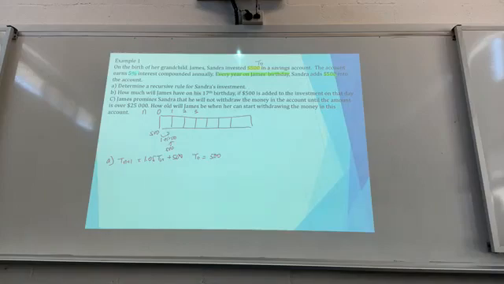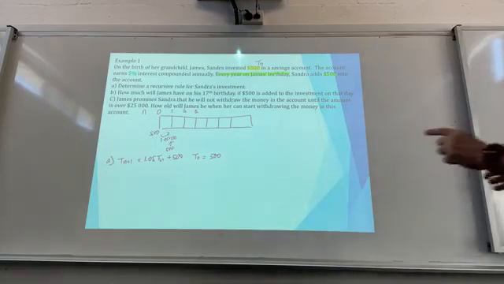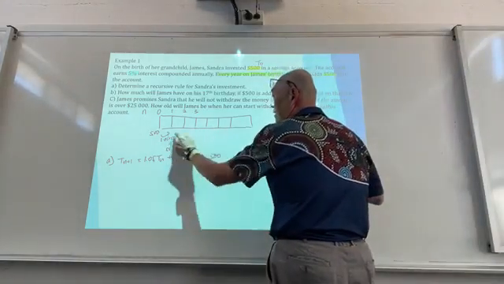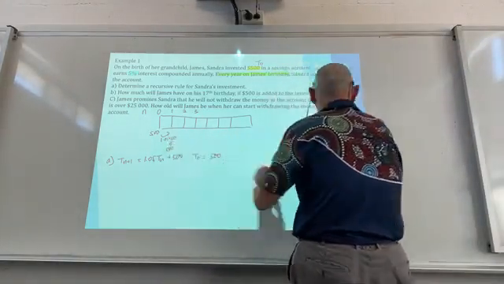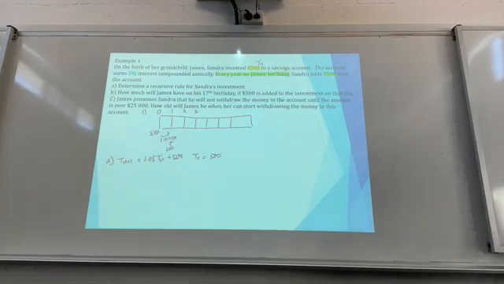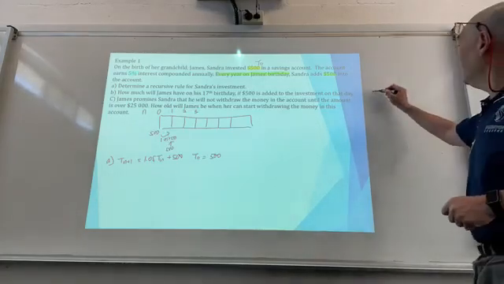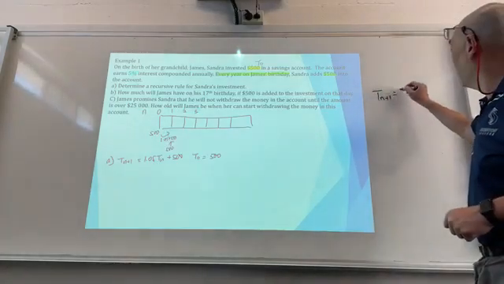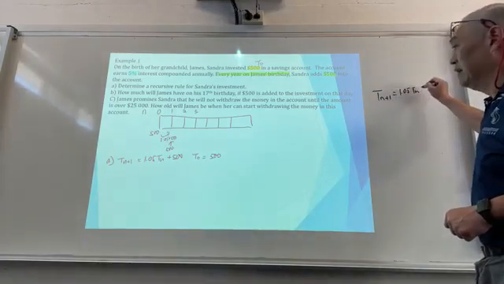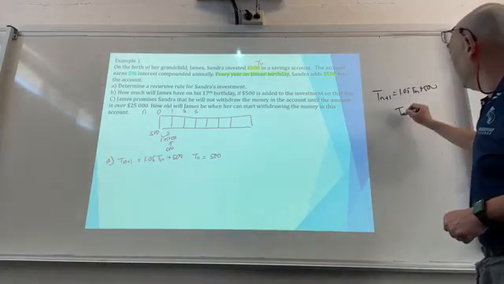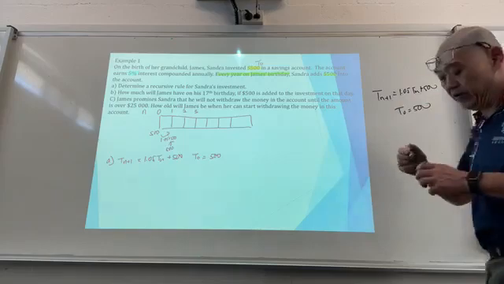For part A, once you've done that: how much will James have on his 17th birthday if $500 is added to the investment on that day? So we are going to look at the 17th with the $500 added. Let's use your class pad, please. Tn plus 1 equals 1.05 Tn plus 500, and T naught equals 500. Let's get your class pad up.